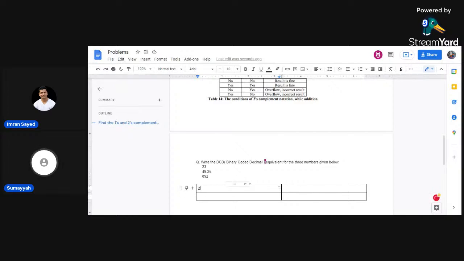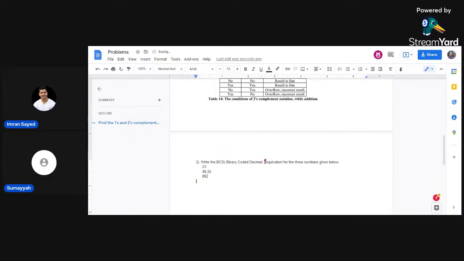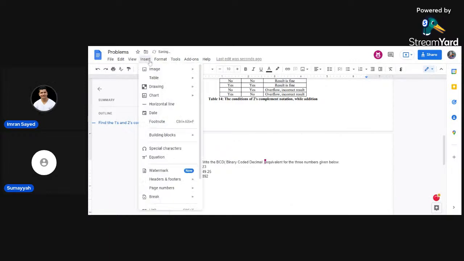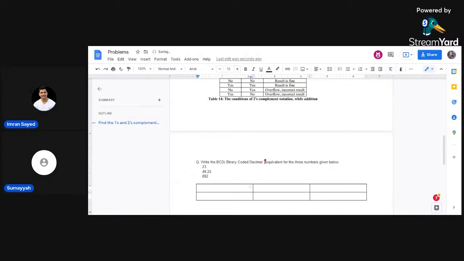We should also put the sign digit. Now think about how many columns you need. So one column for the sign digit and one for each decimal digit.